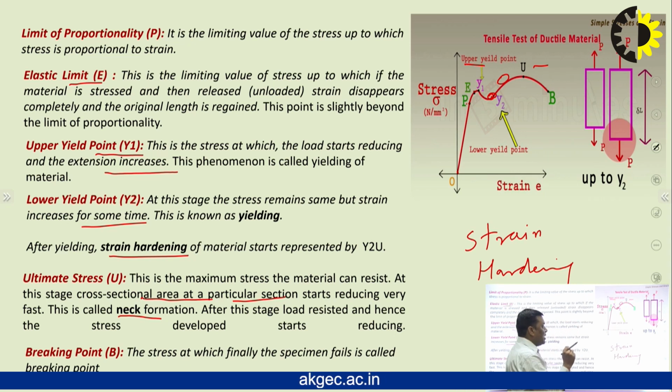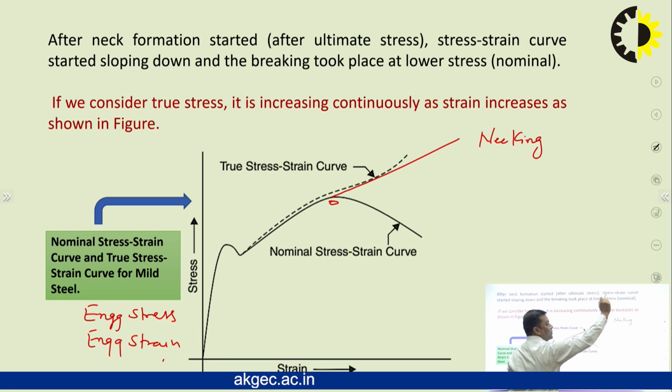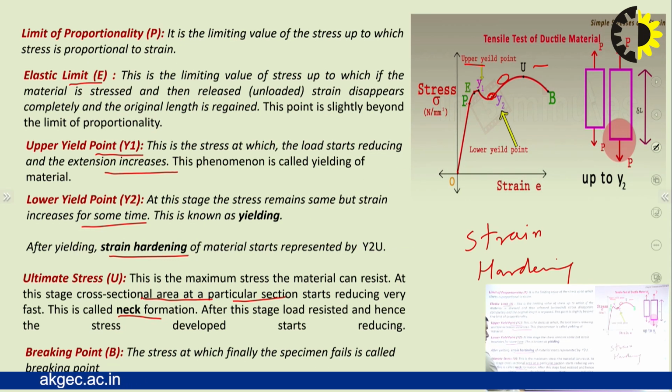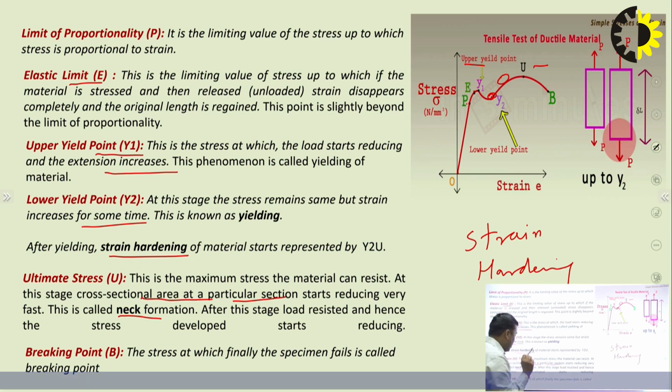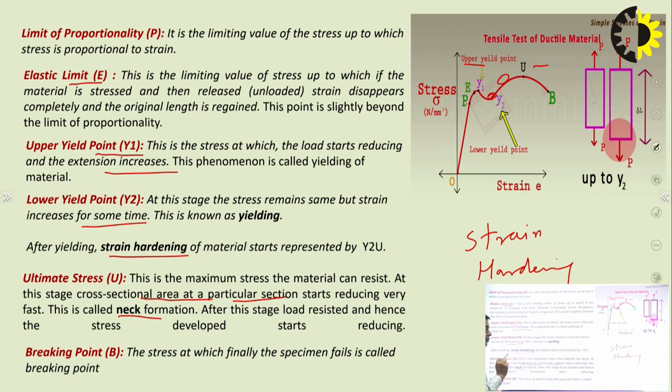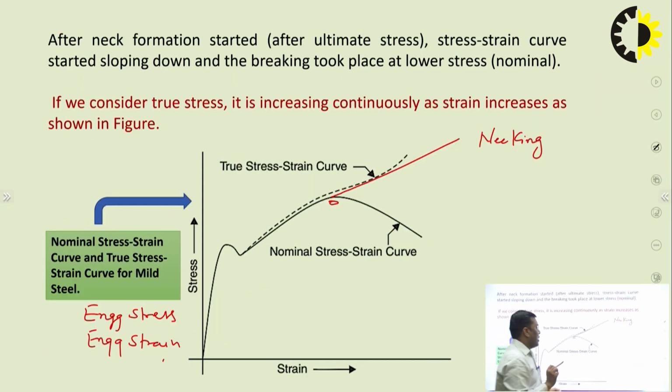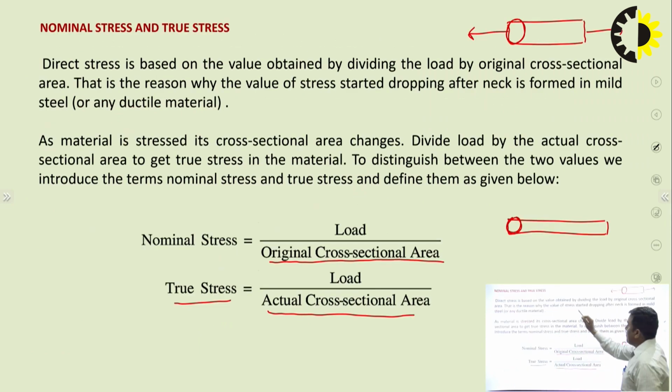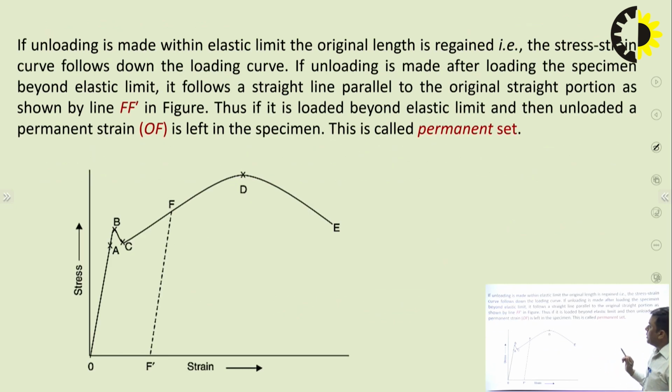Because of the necking, the true stress is increasing very rapidly, but the nominal stress is coming down and reaching the break point. The stress at which the specimen finally fails or breaks is known as breaking stress. I hope these points on nominal stress and true stress are clear. These terms must be very clear to us.